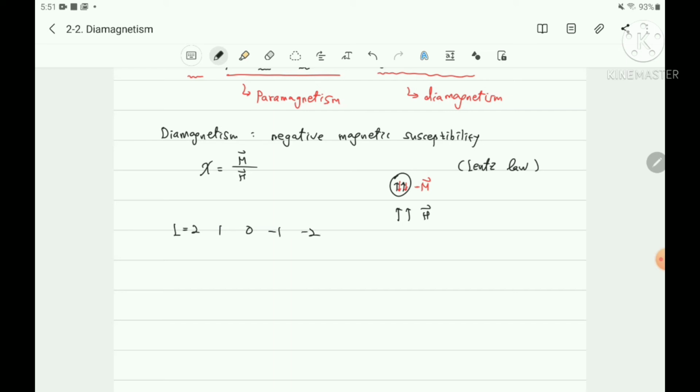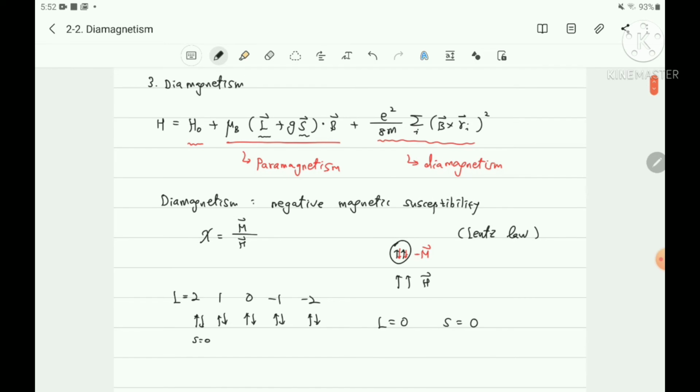In each orbital, they can occupy 2 spin states from the Pauli exclusion principle, as in a single orbital 2 electrons can occupy. With full occupation of the orbitals, the total angular momentum is 2, 1, 0, -1, -2, and the summation of all the angular momentum equals 0. In the spin case, spin up and spin down give spin 0, 0, 0, 0, 0, and the total spin is also 0.